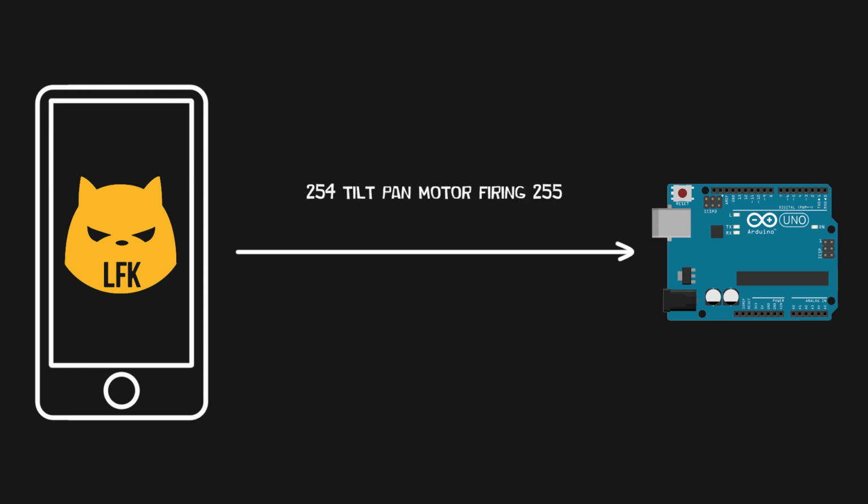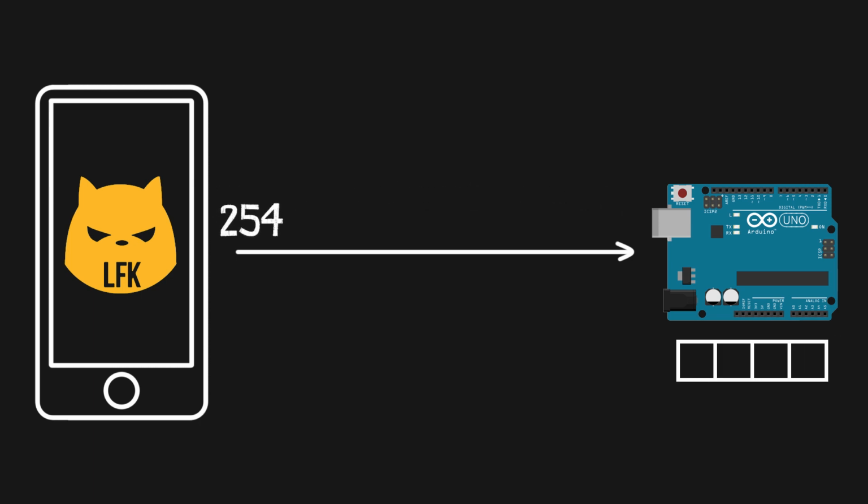So the program in the Arduino has a byte array variable. An array is used to store a collection of values. So the Arduino is going to read each byte one after another, and when it comes across a 254, it will know that the next value will be the tilt position, so it will store it in the array. Then it will do the same for the next, and so on, until it reads a 255.